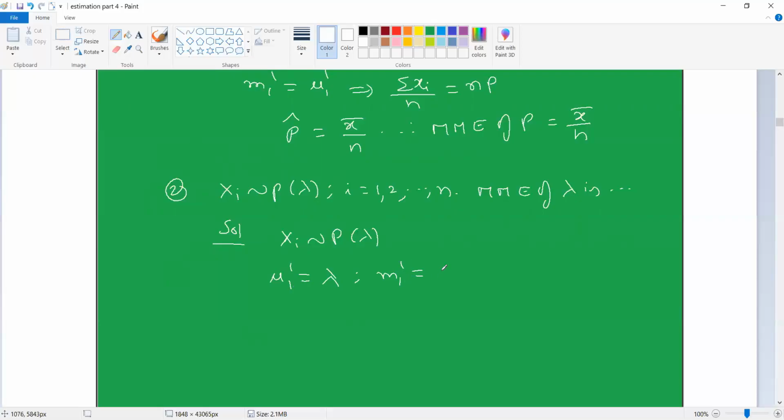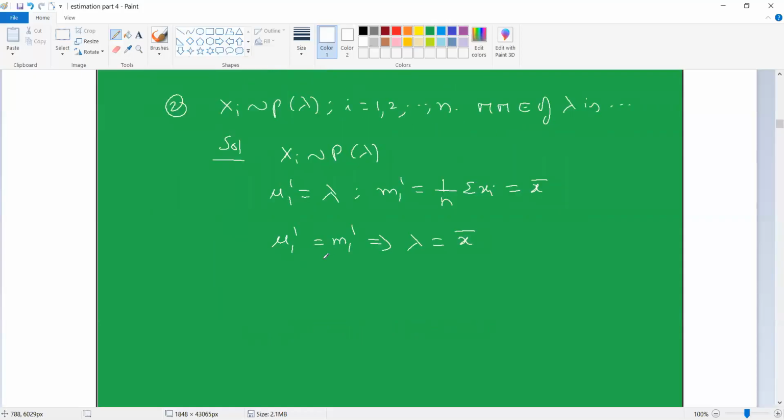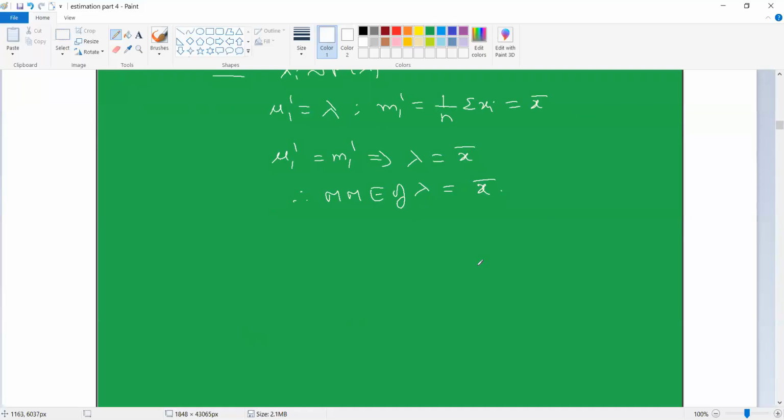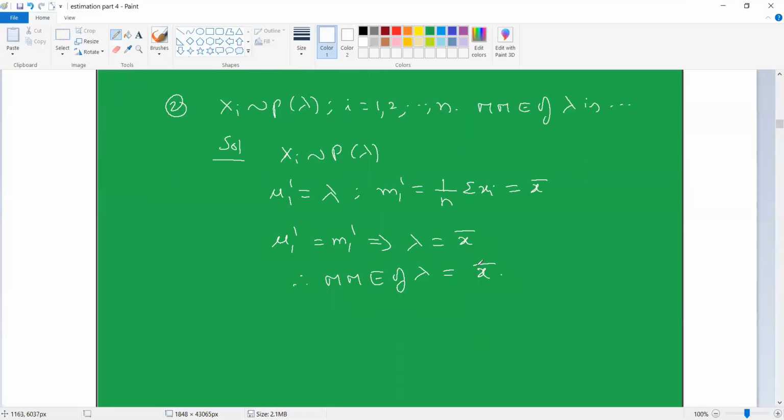So m1 dash is 1 by n summation xi, called x bar. Now mu1 dash equal to m1 dash implies lambda is equal to x bar. Therefore, the MME of lambda is x bar. So MMEs are consistent and unbiased estimators.